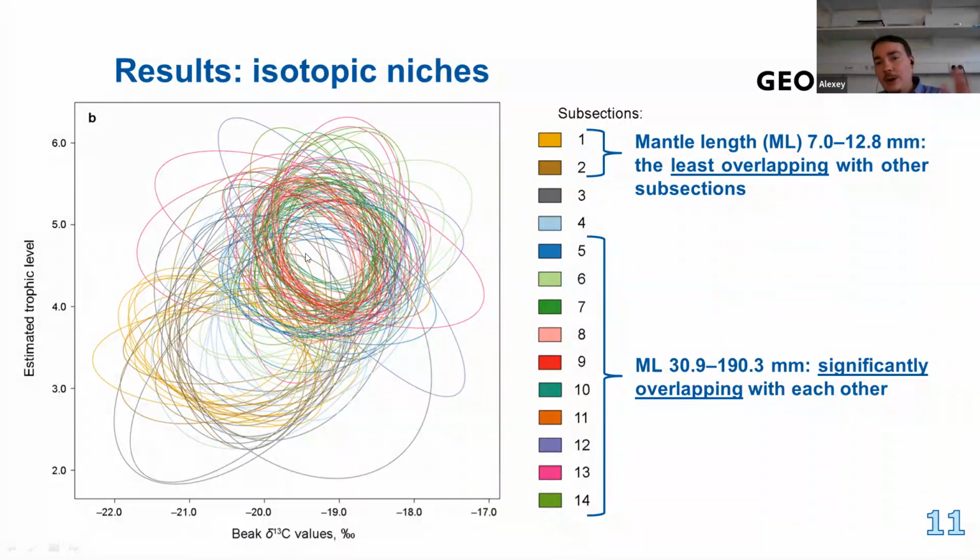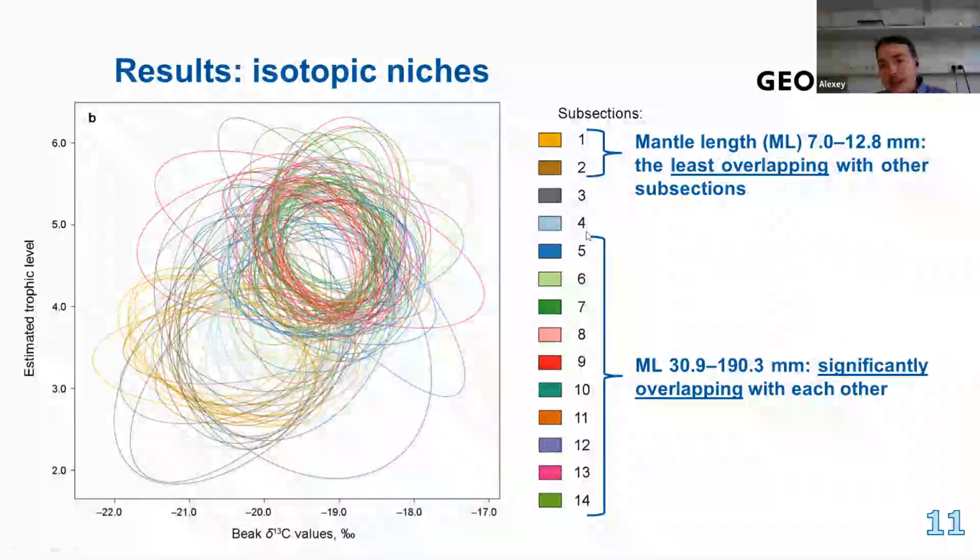So if we try to combine what both isotopes say about this increase, yes, there is an increase, but then after some point, squids just tend to live more or less in the same place and eat more or less the same thing. And from 31 to almost 190 millimeters, they more or less reach their adult isotopic niche.